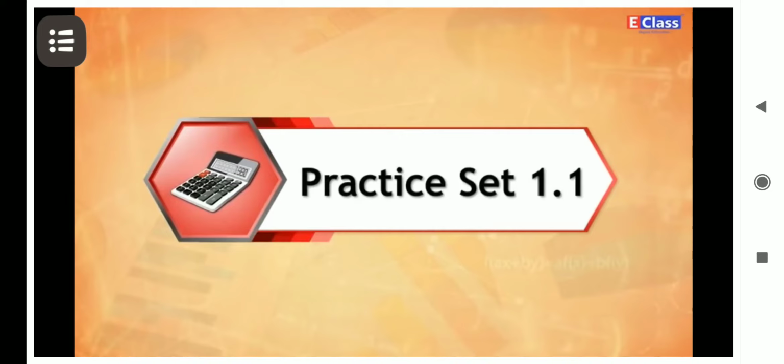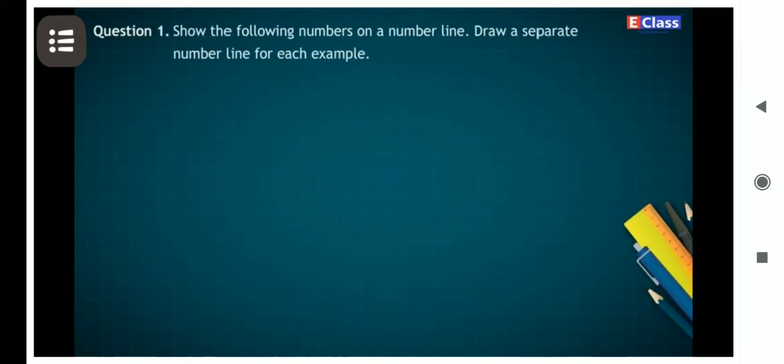Practice set 1.1. Question 1. Show the following numbers on a number line. Draw a separate number line for each example shown on your screen. 1. Let us see 3 by 2, 5 by 2, minus 3 by 2 on a number line.